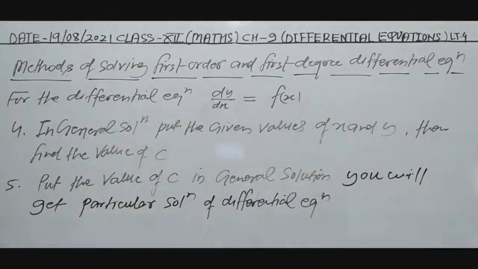Now these are the 5 steps to calculate the particular solution and general solution of a differential equation of first order and first degree. This is the method.